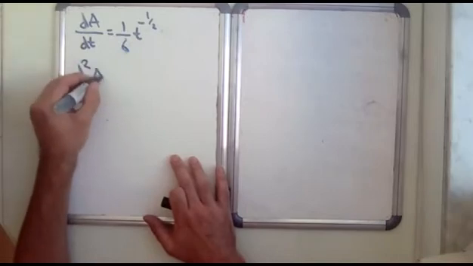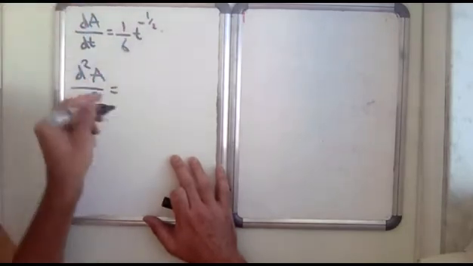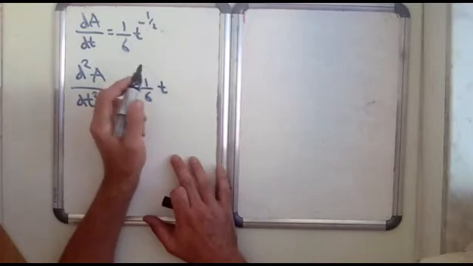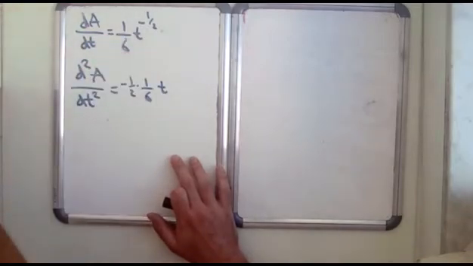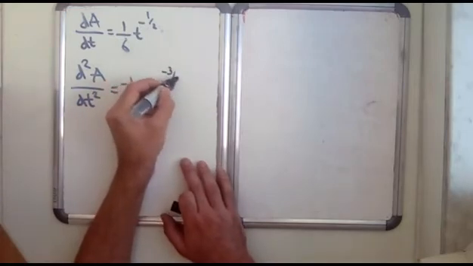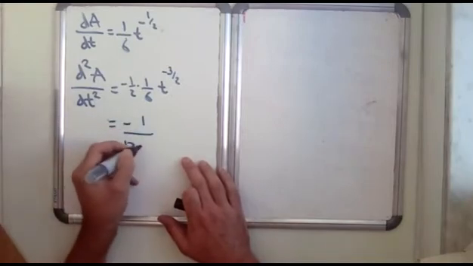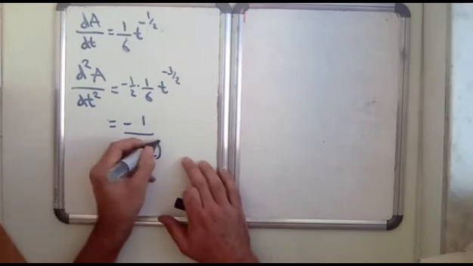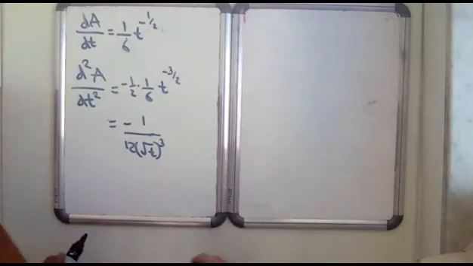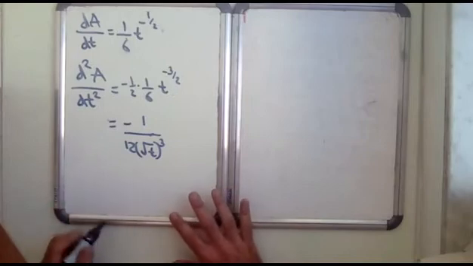So d squared A by dt squared is going to be power to the front, minus a half times 1/6 times t to the minus a half minus 1. Minus a half minus 1 is minus 3 over 2. Tidy it up, equals minus 1 over 12 root t cubed. The negative index means it's in the denominator, and the 3 over 2 means square root it and cube it. Okay, so that's our expression for d squared A by dt squared.